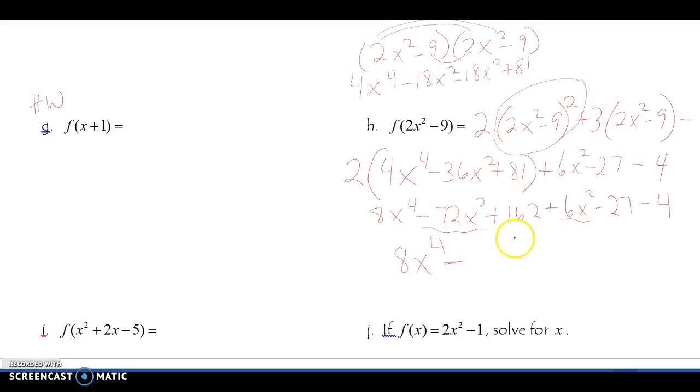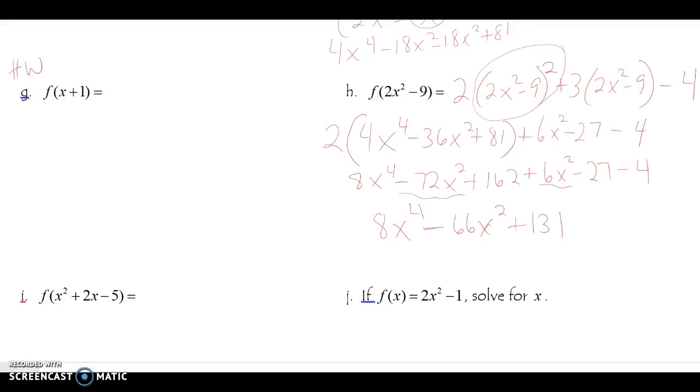No, 66 x squared. Then we have 162 minus 27 and minus 4, which ends up being, I think that's, yeah, that is a 131.